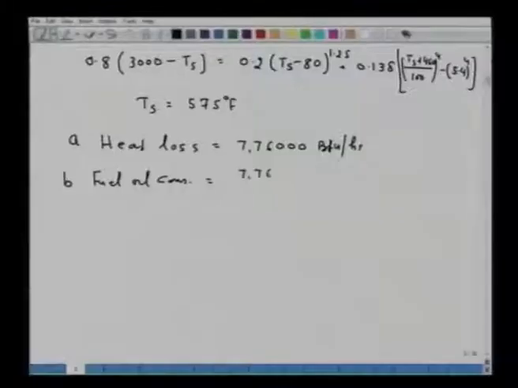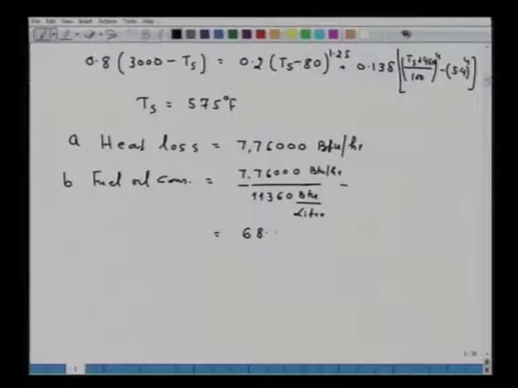So, fuel oil consumption, this is your heat loss, and fuel oil furnishes 11,360 BTU per liter of the available heat, and this is in BTU per hour. So, if we solve, we get 68.30 liters per hour.